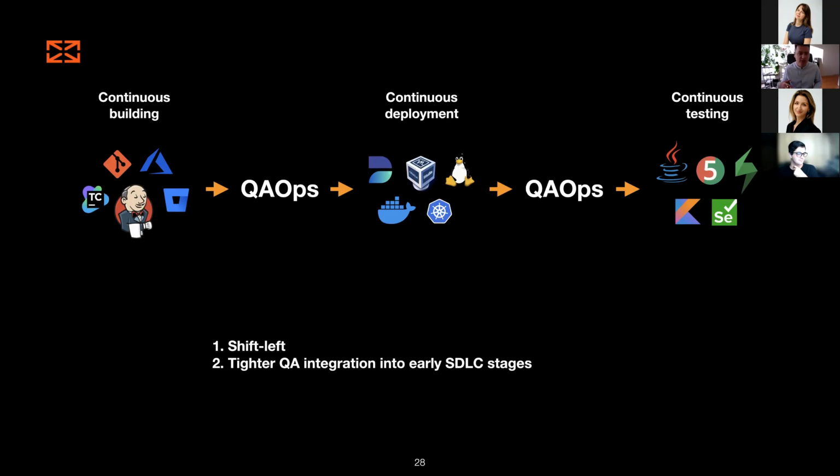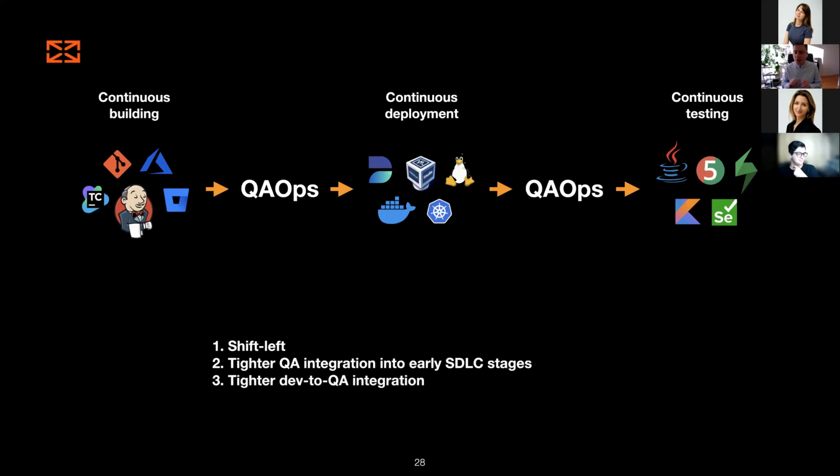QAOps allows tighter QA integration into early stages of a software lifecycle. That means by following QAOps practices, you are going to integrate even functional or manual QA closer to product development, earlier product development stages, which definitely will benefit the quality of the product.